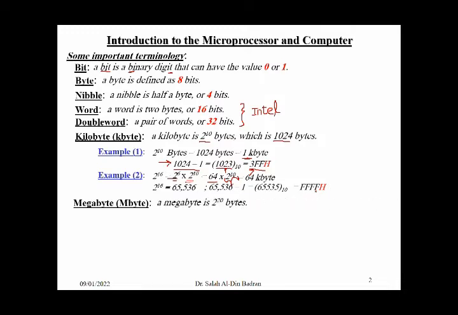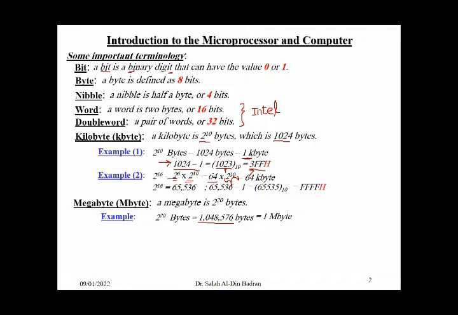Megabyte. A megabyte is 2 to the power 20 bytes. This number in decimal is 1,048,576 bytes, which equals 1 megabyte.